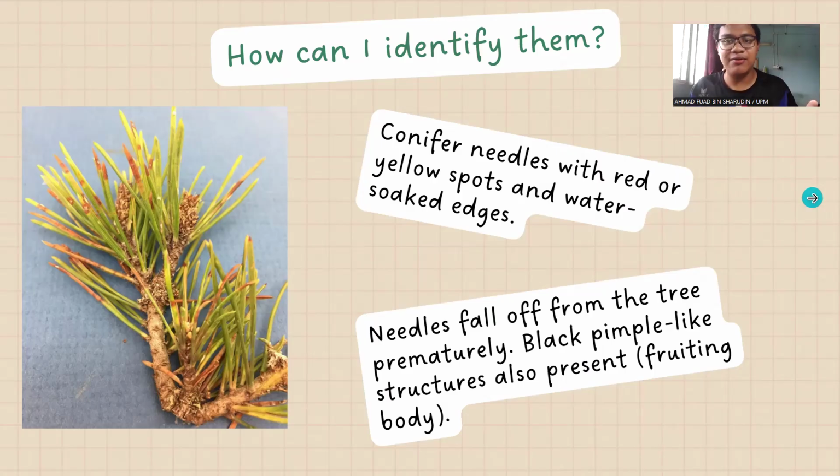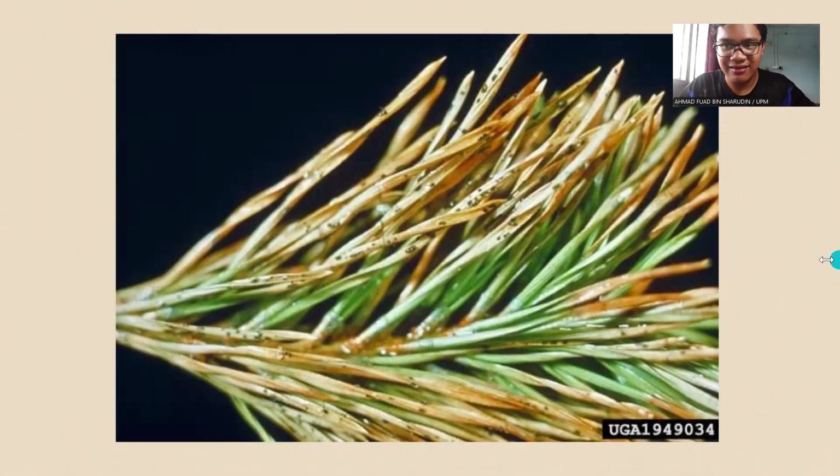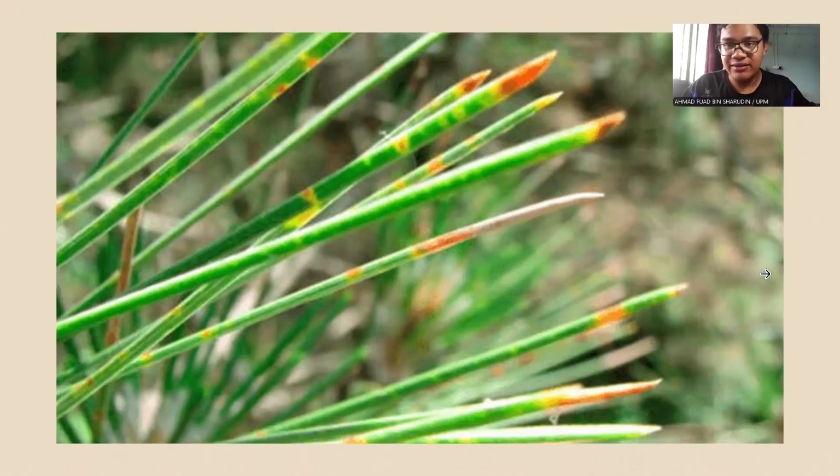I will show you an example right now. These are the fruiting bodies of the fungus that will be used to spread more conidia spores by wind, rain, or people or animals. In this case, this is the close-up of the needles. Again, tan coloration at the end, but at the base, still green.